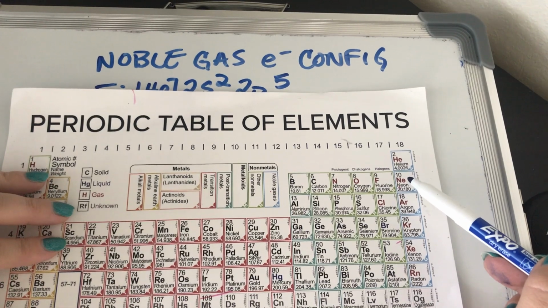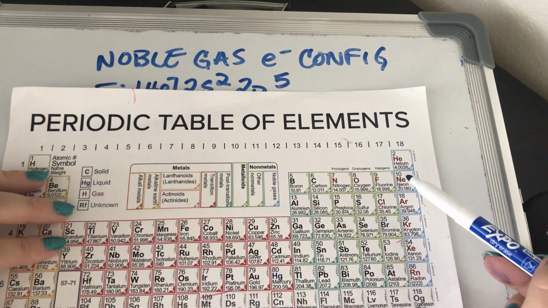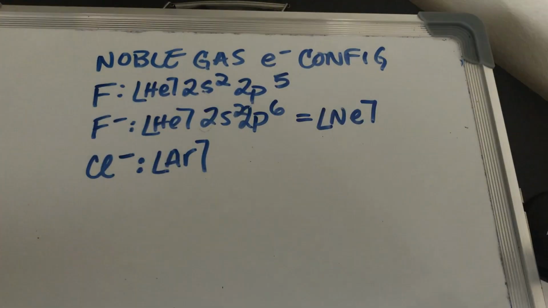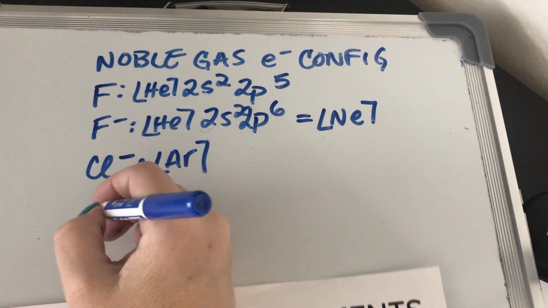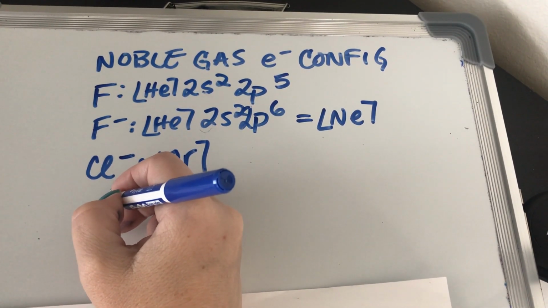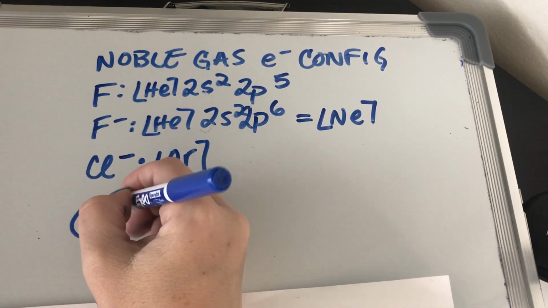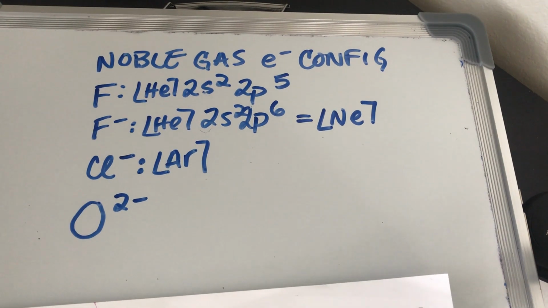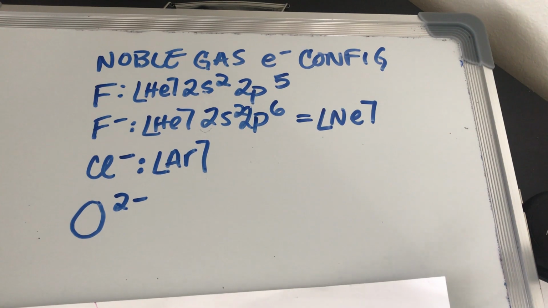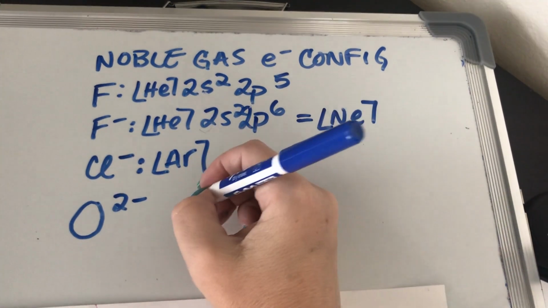How many electrons does oxygen need to gain? 2, exactly. So, what would the ion be that oxygen forms? -2. You got it. O2 minus. How about nitrogen? N3 minus.